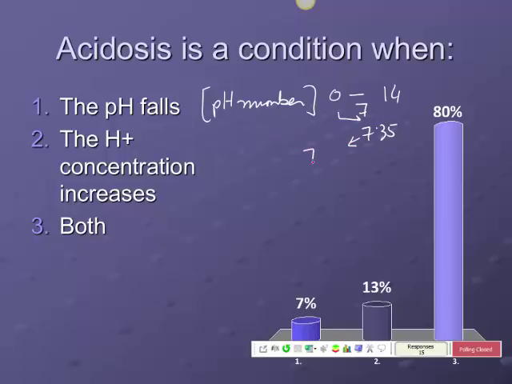So the pH can become 7.2, or it can become 6.2 or 6 or whatever. But this falling is because of hydrogen ion concentration increasing in the blood. So increased hydrogen ion concentration leads to a decreased number as far as pH is concerned. So please remember this.